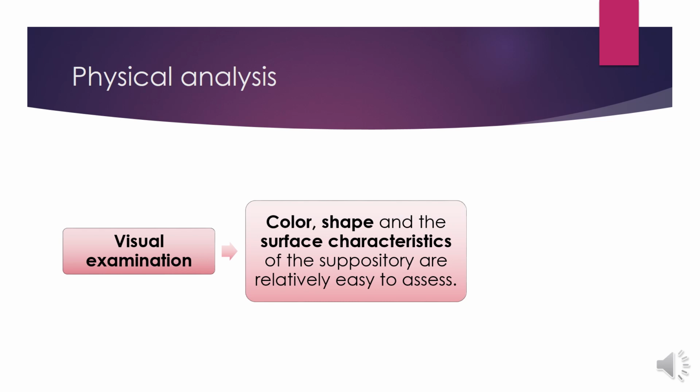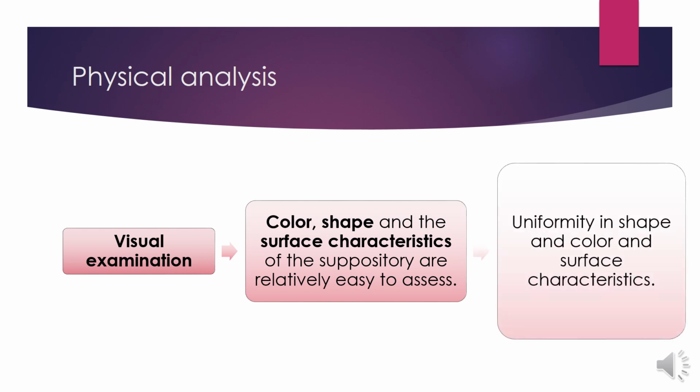That thing we are going to confirm by this test. So basically we are checking the uniformity in the shape, color and the surface characteristics. So in this test we are checking any sort of variation available, or whether there is consistency or the uniformity in these parameters or not.